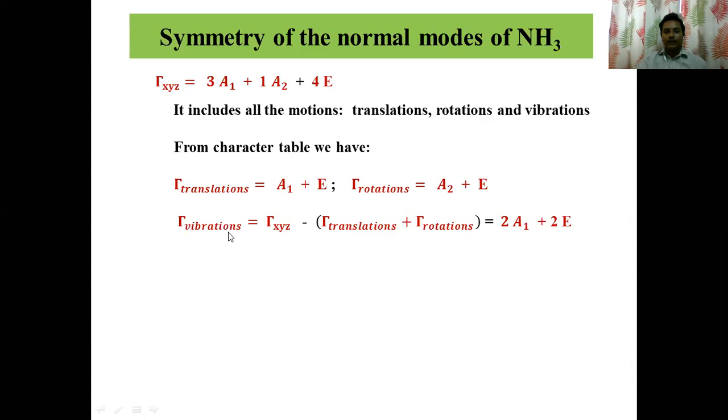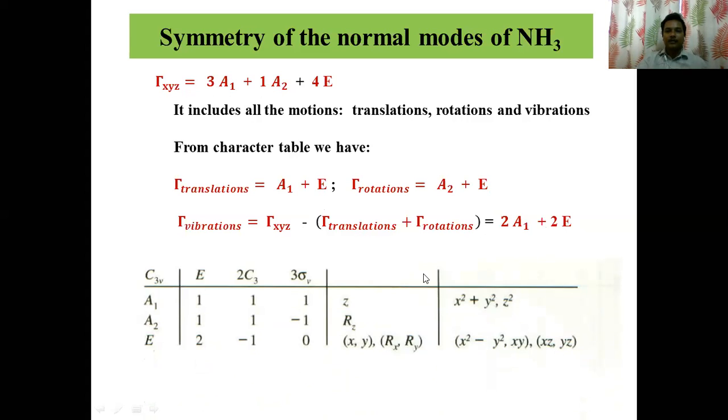Now for vibrations, if we go for the total representation for XYZ minus translations and rotations, we should be able to get the total number, right? So let's bring back the character table.